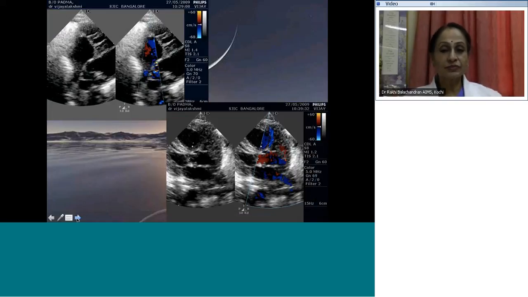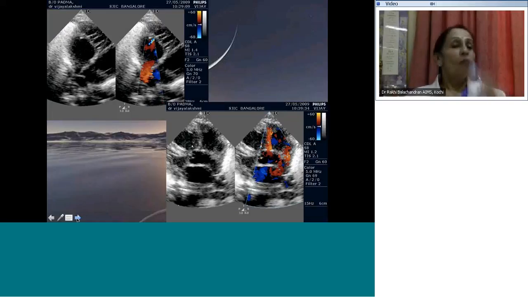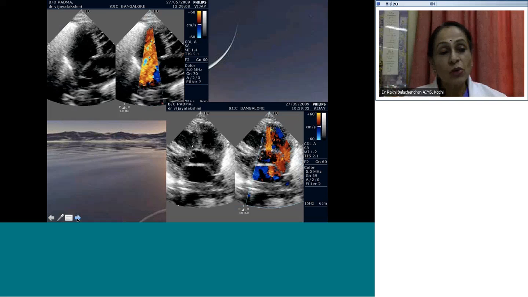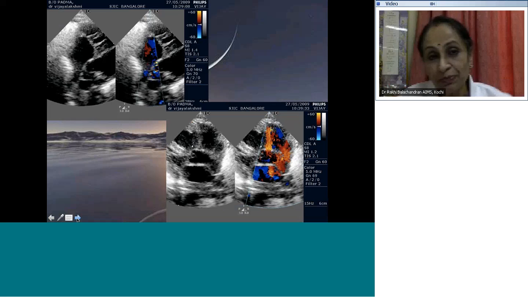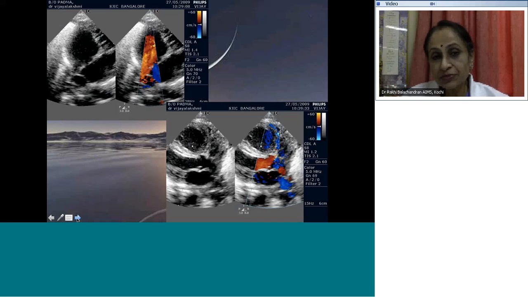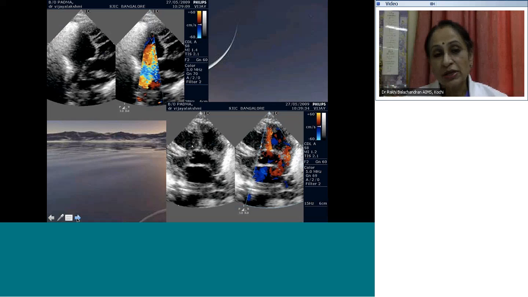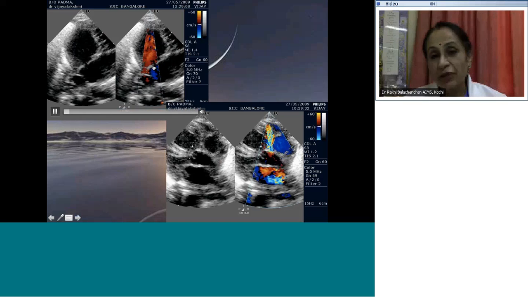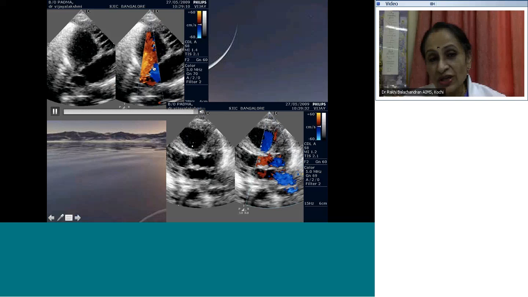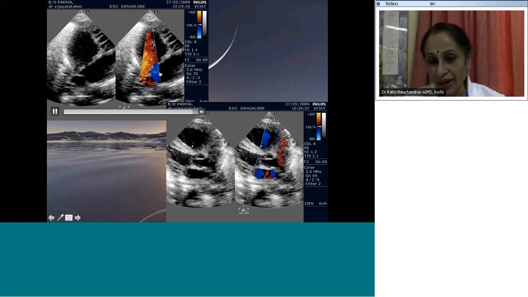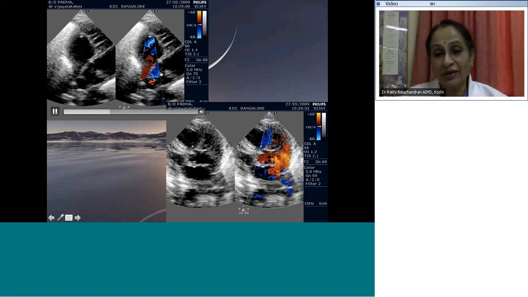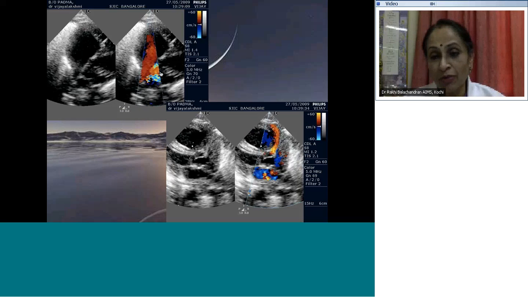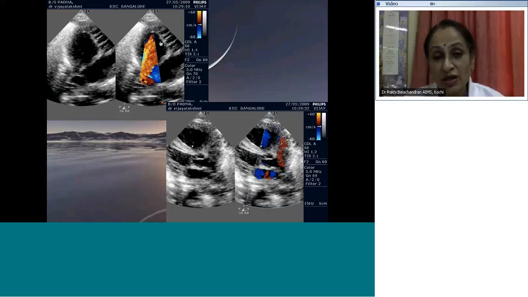So here, what do you notice here? Once you have suspected TAPVC, what do you look for? See, the echocardiographer who had done it had just given the ASD, and the ASD right to left shunt is not a complete diagnosis. I told you the congenital heart disease, like the birds of the same feather flock together, you have the multiple problems.